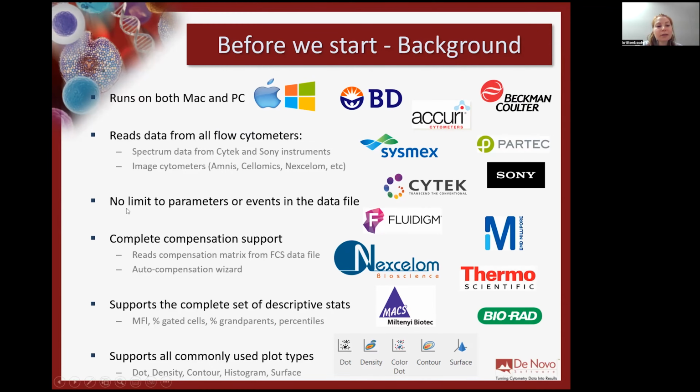There's also no limit to the number of parameters or events in the data file. If you may have used FlowJo in the past, you could have run into an issue where the data file might have been too large and you had trouble loading it in, or it took a really long time. With FCS Express, it's going to load that really large data file more quickly and more easily in comparison.